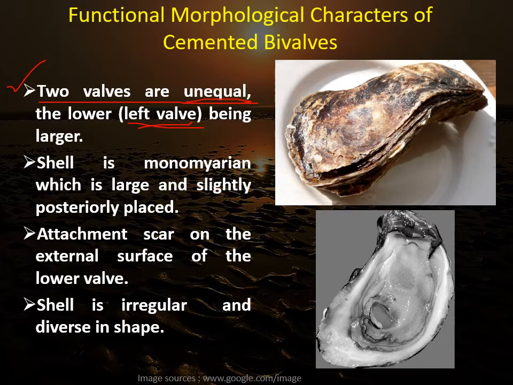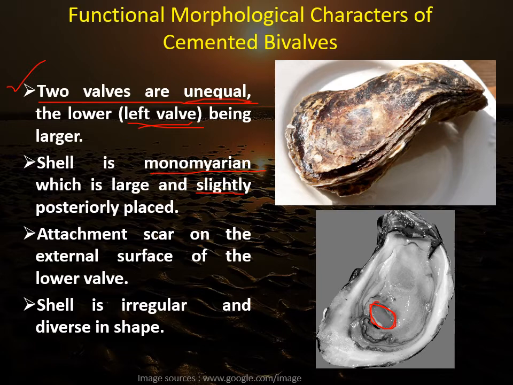So this lower valve or left valve is larger in size and the upper right valve is relatively smaller, and basically it acts as a lid over this larger left valve. The shell is strictly monomyarian, that is, it has one single large adductor muscle scar. As you can see in this picture, this is the position of the large single adductor muscle scar, and this single adductor muscle scar occurs slightly posteriorly.